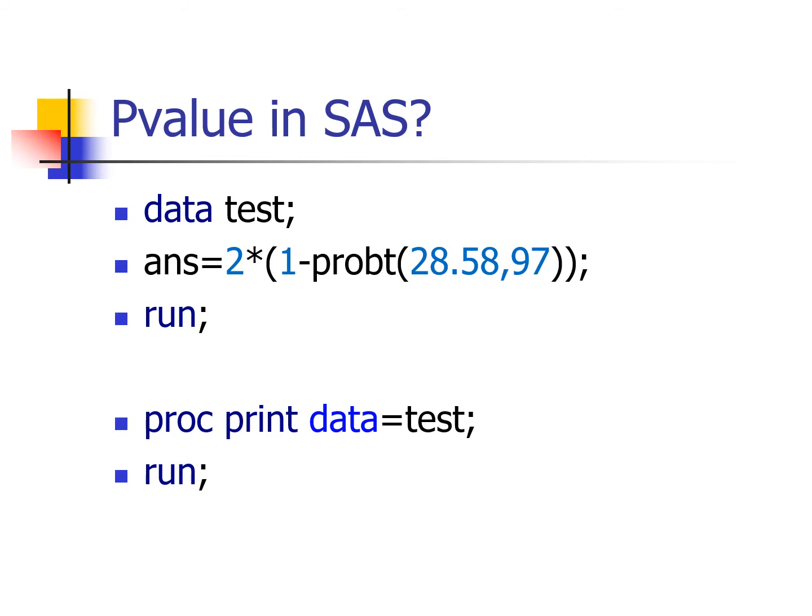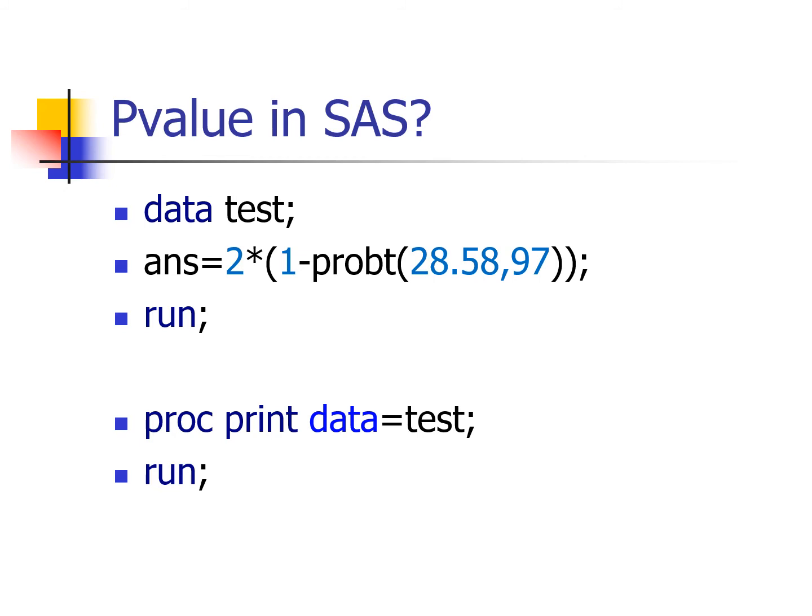But basically, what are we doing? The probt function is what's called the cumulative distribution function for a t distribution. All t distributions have degrees of freedom, so the function needs to know the degrees of freedom. That's the 97. You also have to plug in some number.